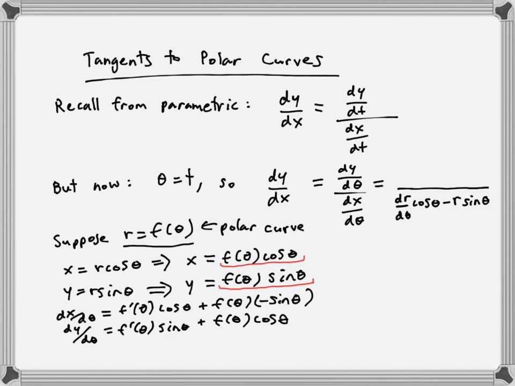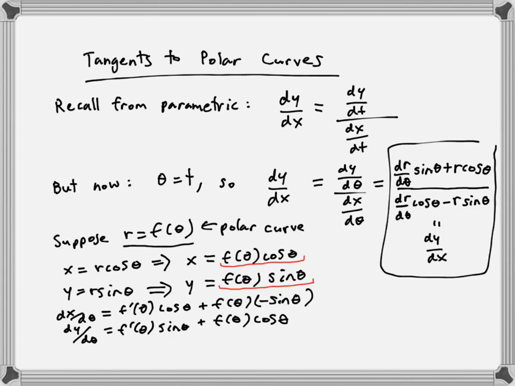And if I were to write that with our notation, I get the following: dr/d theta times sine theta plus r cosine theta. So this would be our formula for dy/dx.